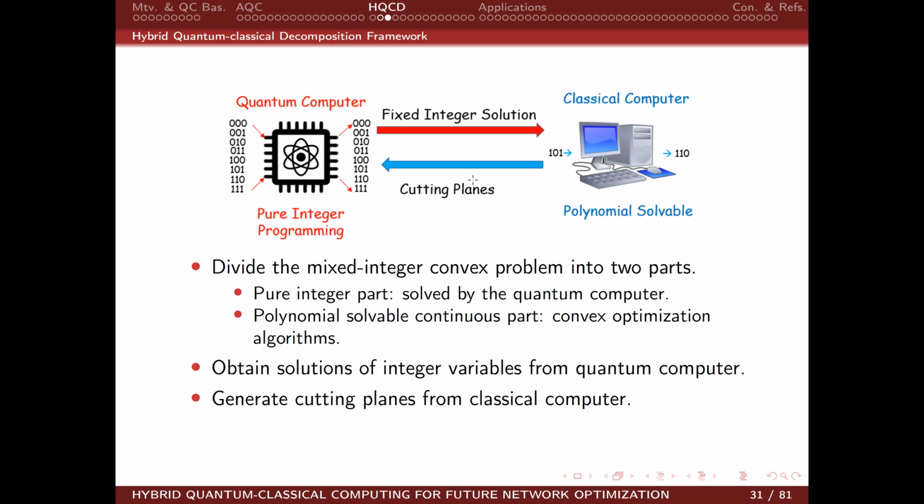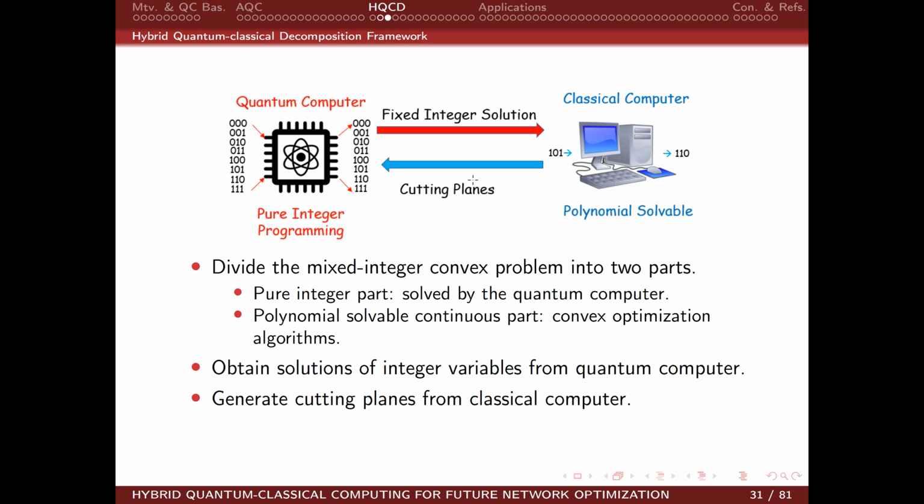As we know, convex optimization is an easy problem, and we have a lot of algorithms to solve it in polynomial time. We obtain the integer solution from the quantum computer and send it to the classical computer, so the classical computer only needs to solve a continuous convex optimization problem.